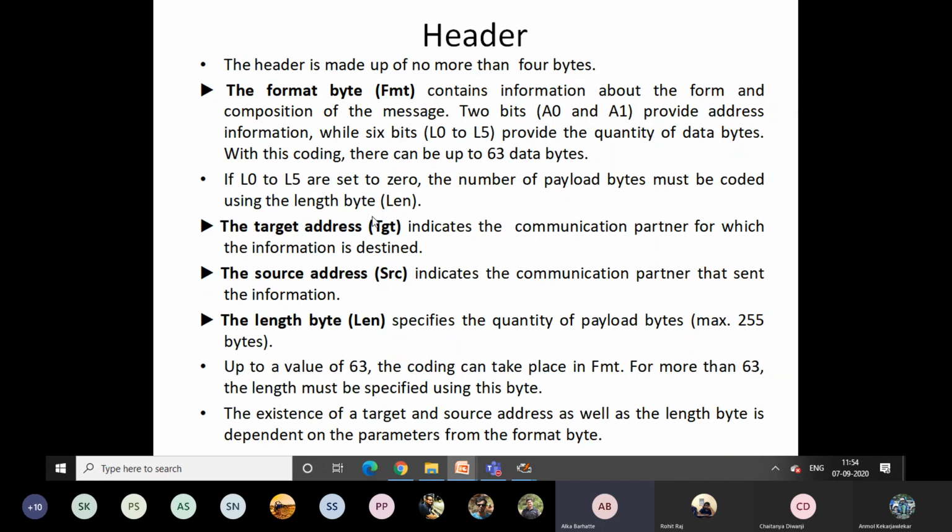The target address represents where we have to send the information, and the source address is the source component or source ECU. We can say the addresses of those components are represented by the target address and source address. The length byte, as I said, is used if it exceeds 63 data bytes.